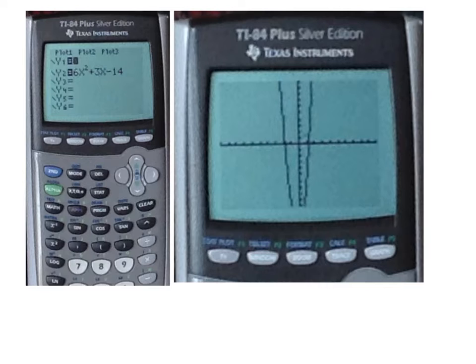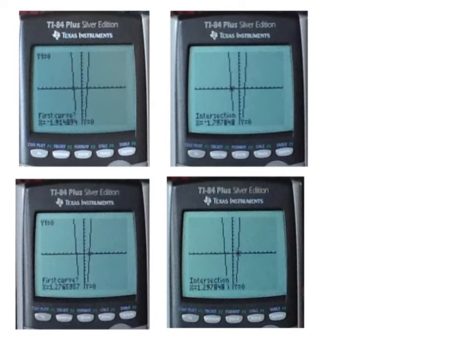So I'm going to press second trace 5 to pull up my intersection. After I press second trace 5, I need to move my cursor from the middle over to my left 0, and then I'm going to press enter 3 times and verify that it says intersection, and so I can see the left intersection answer.